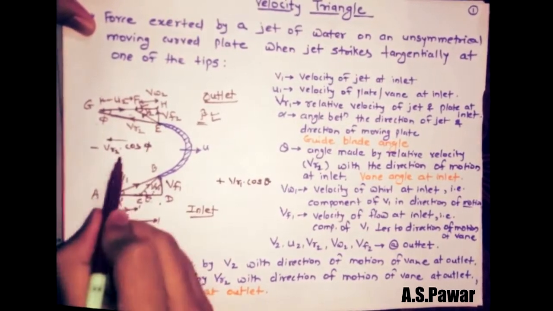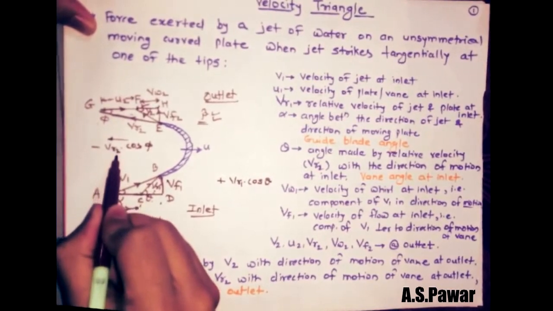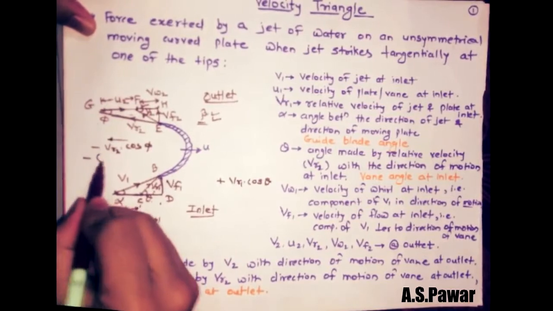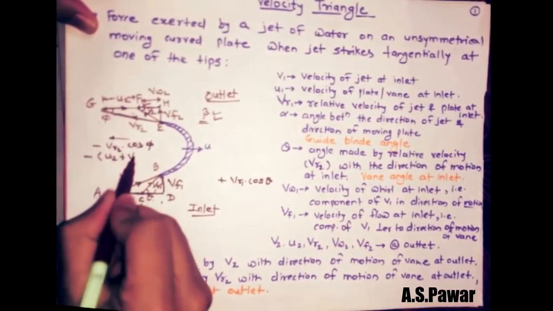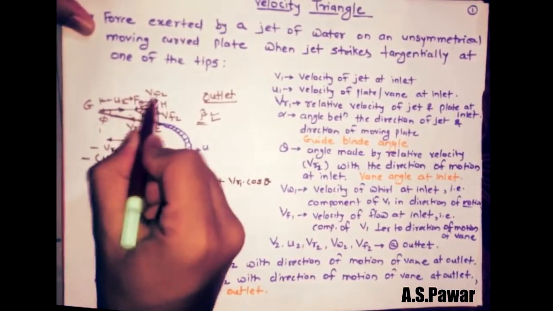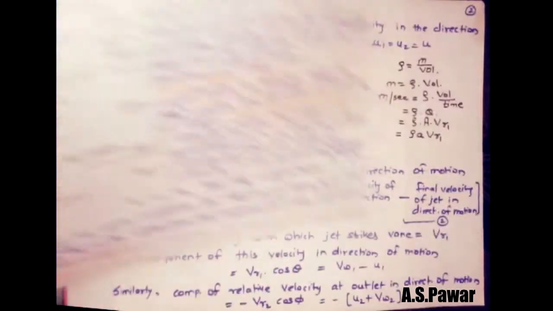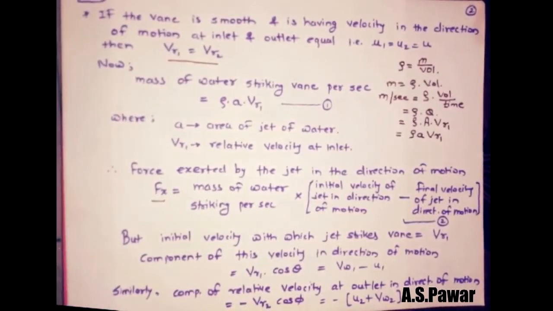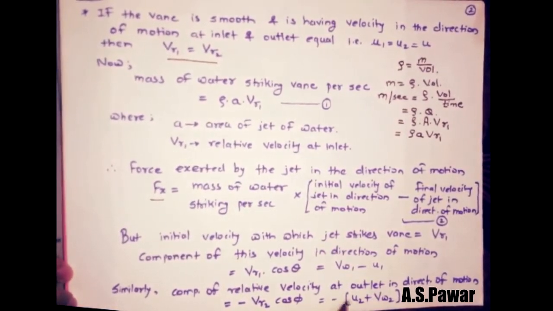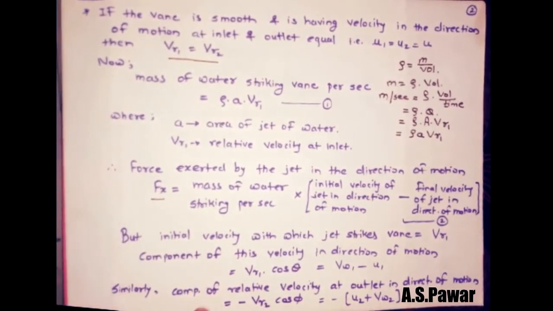We can find the value of vr2 cos phi from this triangle: it is equal to minus of u2 plus vw2. You can see this portion here, vw2 plus u2. So the component of relative velocity at the outlet in the direction of motion is minus vr2 cos phi, which is minus bracket u2 plus vw2.